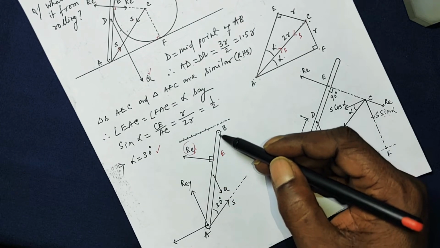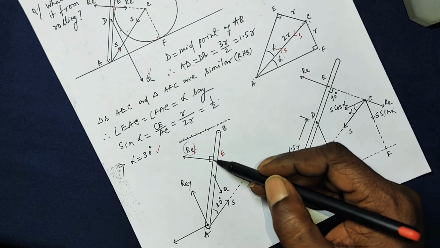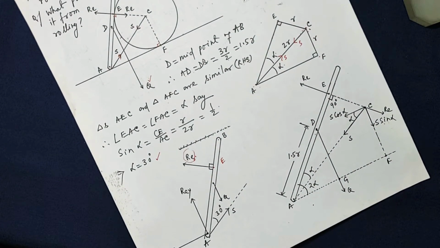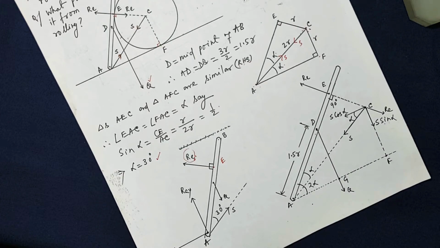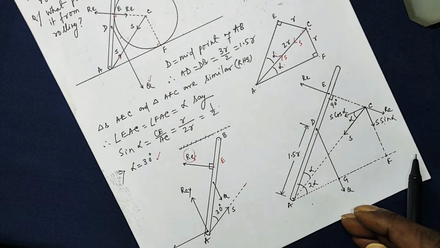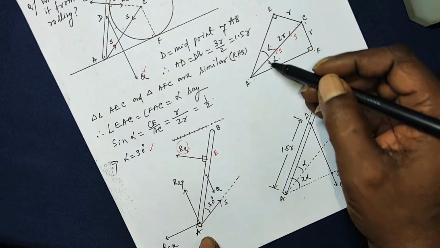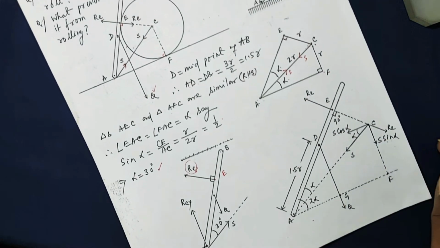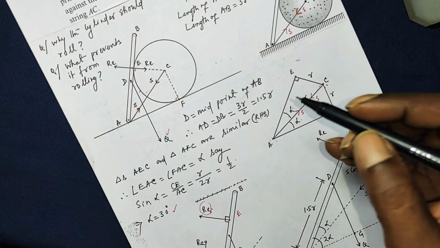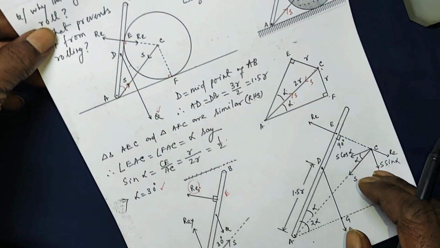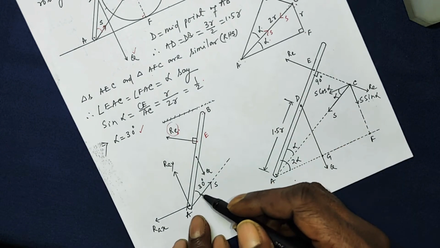This RE acting on the prismatic bar at point E is the reaction force applied by the cylinder on the prismatic bar. And since alpha is found out, this angle is alpha, which we found out as 30 degrees. So I have shown it here.